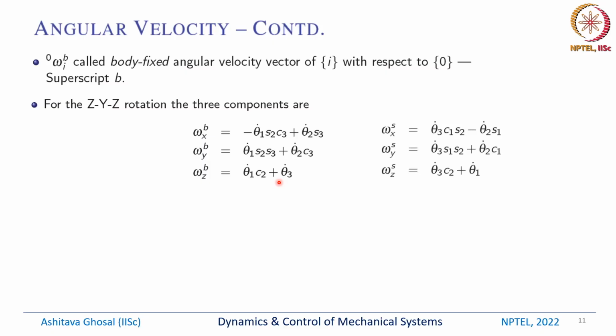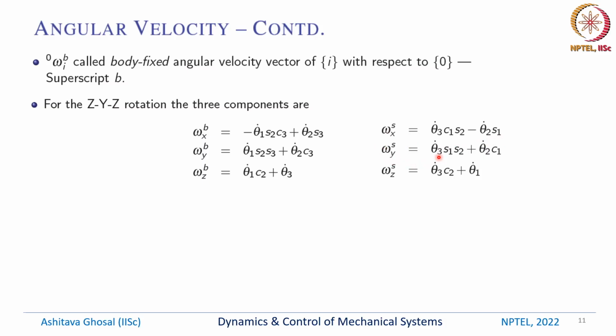Okay, so as you can see, the space fixed angular velocity vector, again for ZYZ Euler angles, was obtained from R into R transpose is identity. The x component of the space fixed is theta 3 dot into C1 S2 minus theta 2 dot S1.